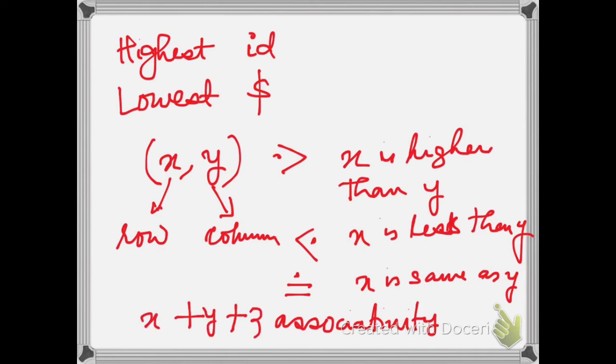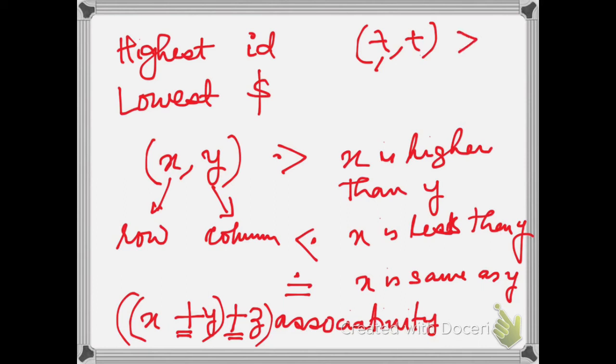The same applies if I have plus plus also. So I have x plus y plus z. Because of associativity, I know that x plus y will be done first. Then with this, I will find the sum, add z to it. So the left plus has higher precedence than the right plus. So even though these two are equal, the plus on the left will have higher precedence than the plus on the right. So this particular sign will be there.